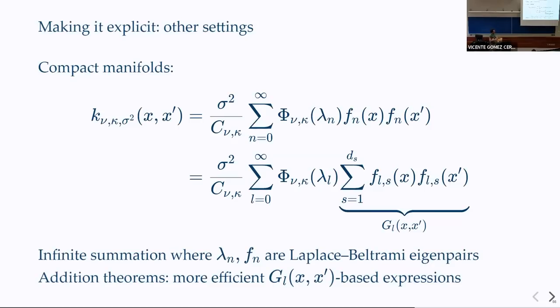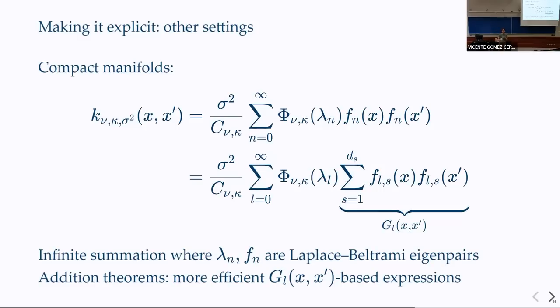And for these groups of products of spherical harmonics, by the addition theorem for the sphere and the hyperspheres, this group of spherical harmonics corresponding to the same eigenvalue, this summation will be equal to what is called a Gegenbauer polynomial, which is just a family of polynomials that you can compute, well, it's a standard thing in SciPy, for example. No need to compute spherical harmonics, just compute Gegenbauer polynomials, very easy to use.